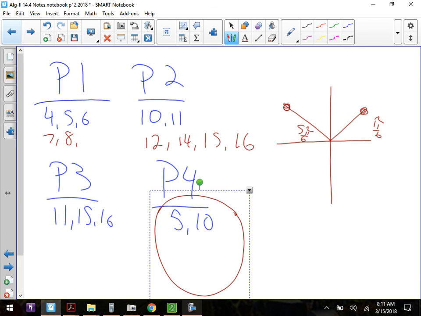So your general solution would be, how long does it take you to get back to here? Every time it takes you 2 pi to get all the way back to where you started. So your general solution would be pi over 6 plus 2 pi n. Every revolution you go around, you're at the same spot.